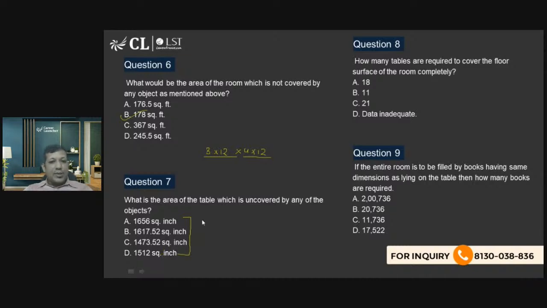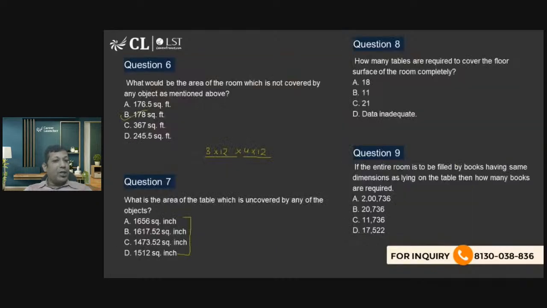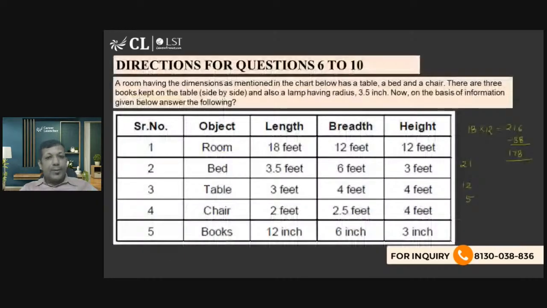Now it says that there are three books lying. So area of each book is going to be what? That is going to be, sorry, 12 into 6. So I am going to have 12 into 6 into 3. This is the area of books.